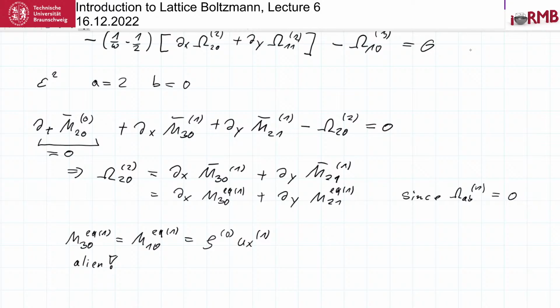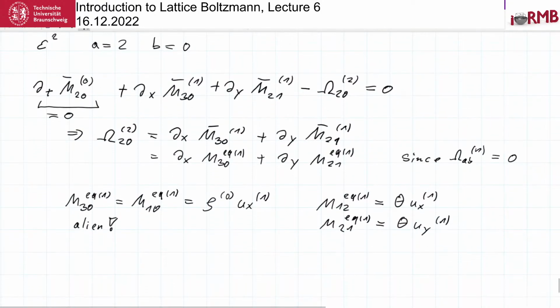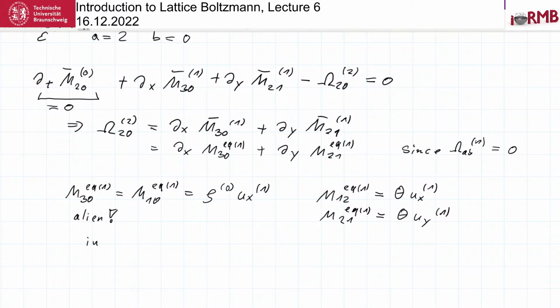And equally we have M12 equilibrium first order is equal to theta ux first order, and M21 equilibrium first order is equal to theta uy first order. So this comes from the equilibrium, and all of this we can now put into equation 6.8.